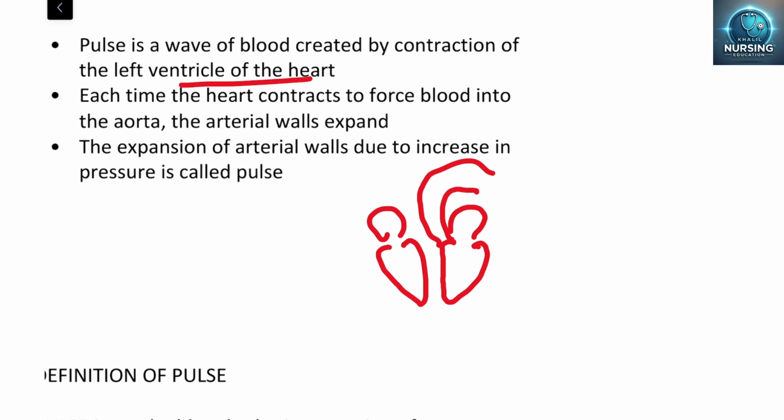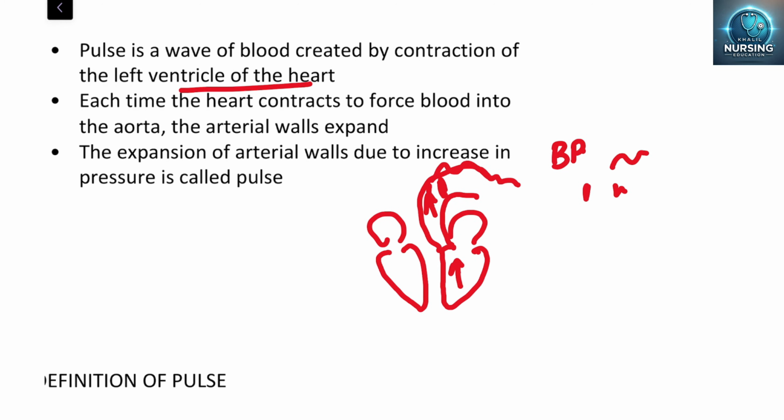Whenever there is pumping of blood from the left ventricle, that exerts some force on the blood vessel, and that will be called BP. But after the exertion, the wave that goes all the way from the proximal arteries to the peripheral arteries will be called the pulse. Yes, the pulse is a wave of blood created by the contraction of the left ventricle. I hope you understood this point.